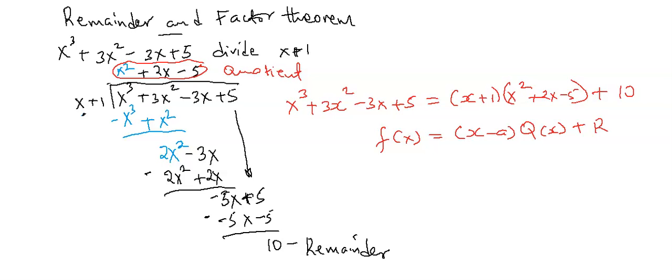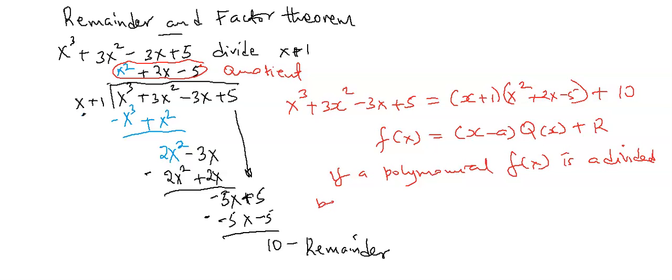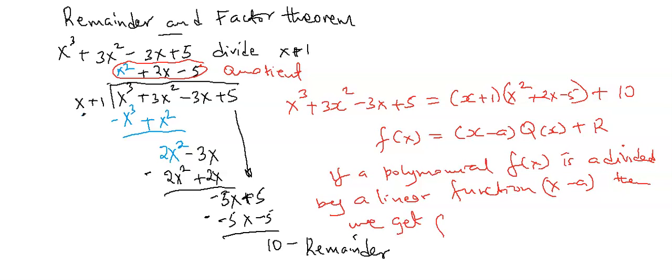Note that we are saying that if a polynomial f of x is divided by a linear function x minus a, then we get what I have written up there: f of x is equal to x minus a times q of x plus r, where q of x is the quotient and r is the remainder.